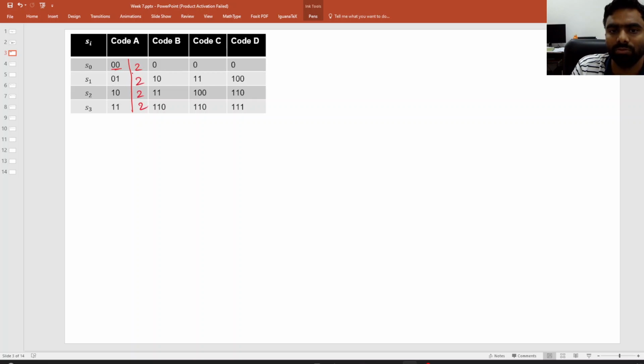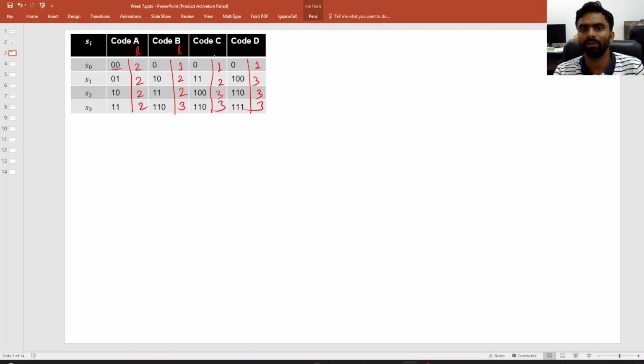For code B, this is 1 bit, so this will be 1, this will be 2, and there are 3 bits, so length is 3. Here for code C also the length is 1, 2, 3, and 3. For code D, length is 1, 3, 3, 3.